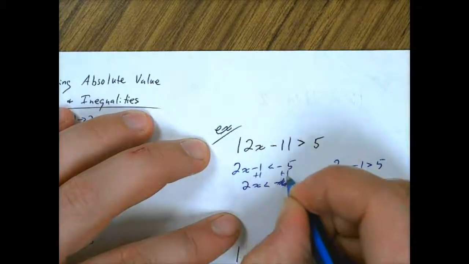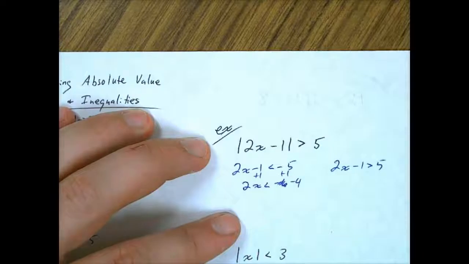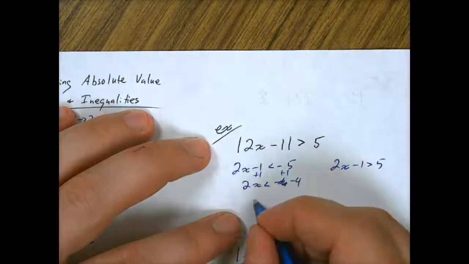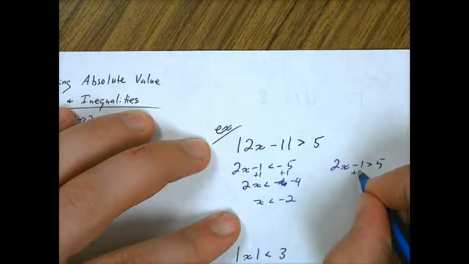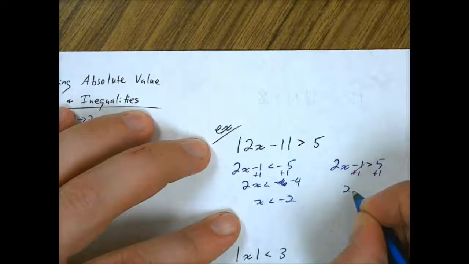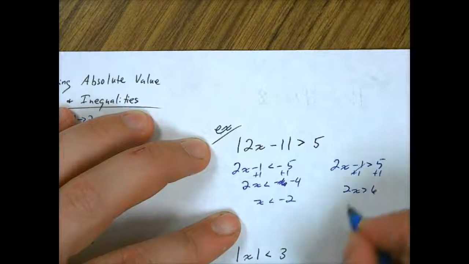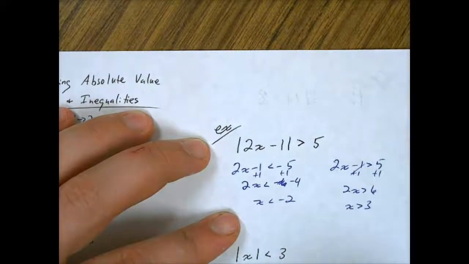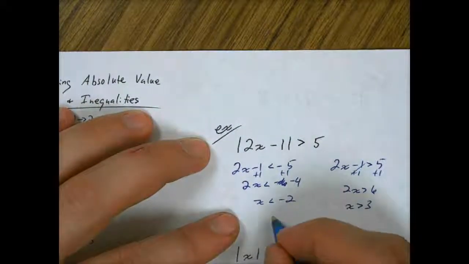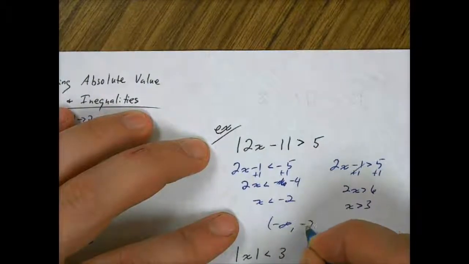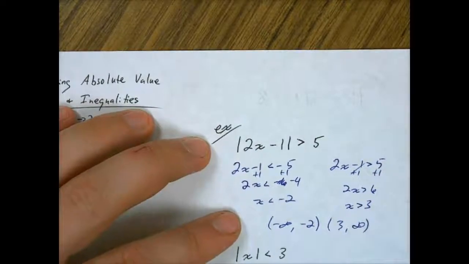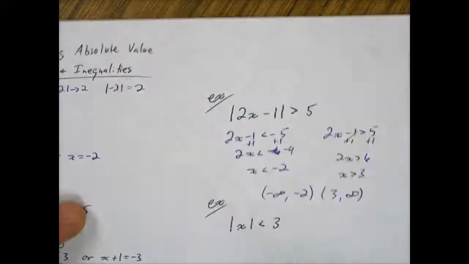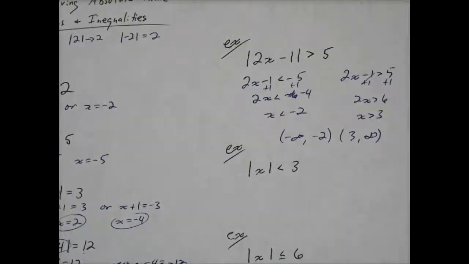And then divide by 2, so x is less than negative 2. Add your 1, 2x is greater than 6. Divide by 2, x is greater than 3. All right, so we have everything from negative infinity all the way up until negative 2. And then we go from 3 to infinity. Cool.